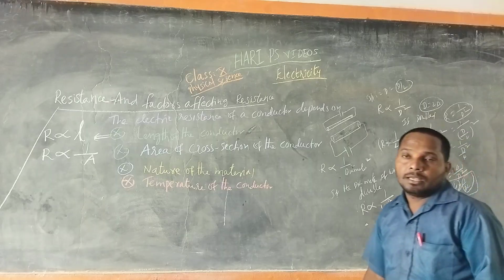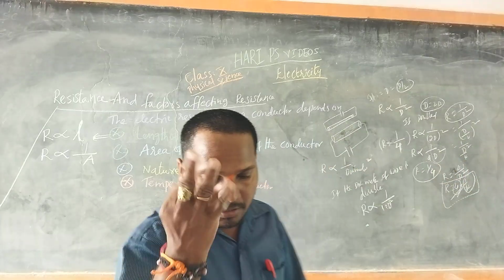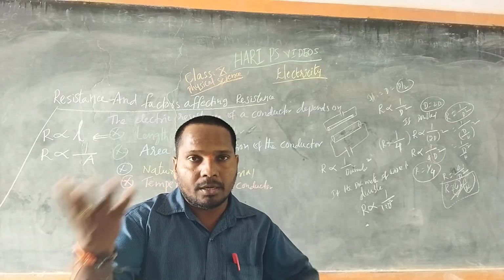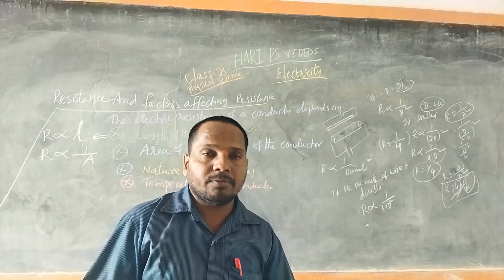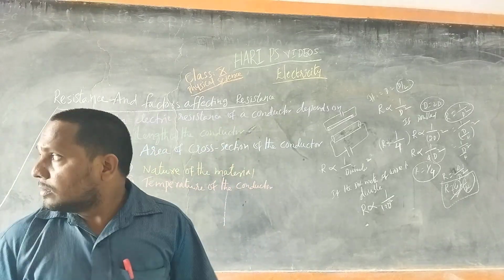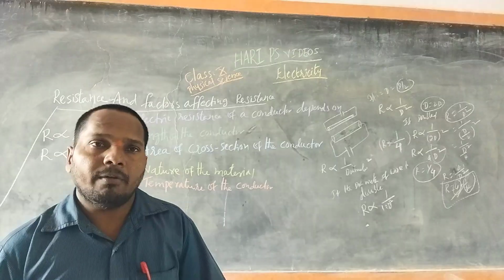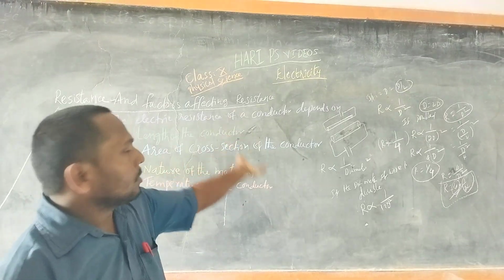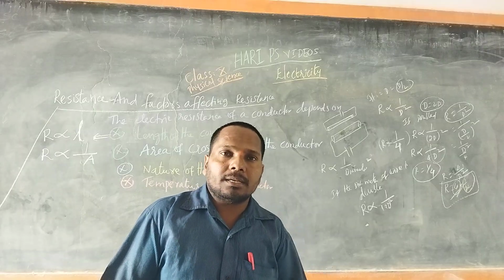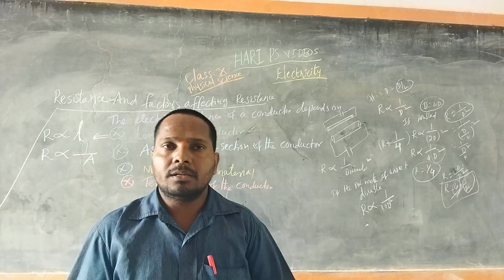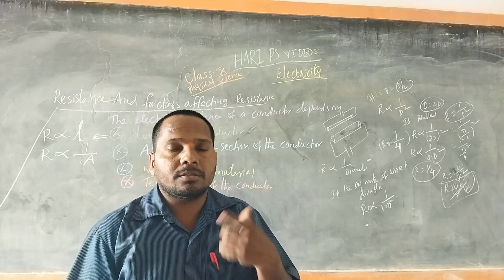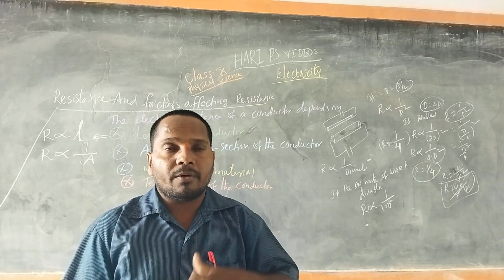Means the resistance increased 4 times. Similarly, if the diameter of the wire is tripled, then its resistance will be 1 by 9th of its original value. So more cross section area, less resistance; less area of cross section, more resistance, and the resistance is inversely proportional to the square of the diameter.